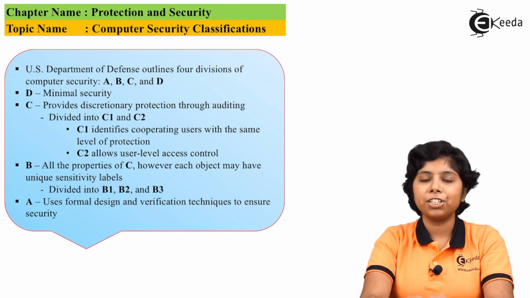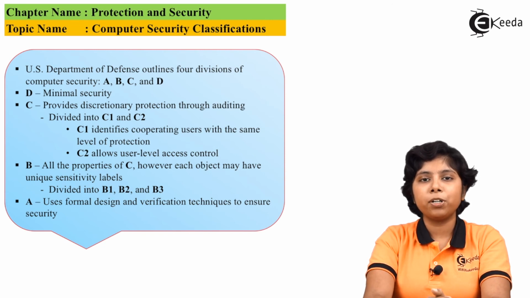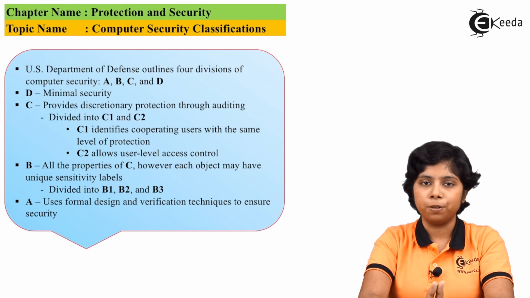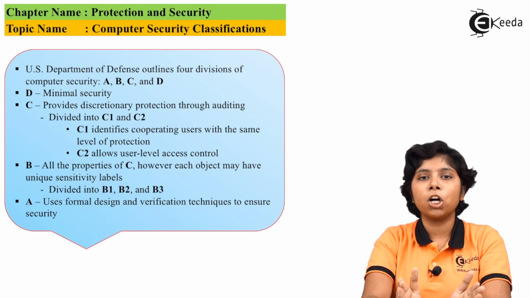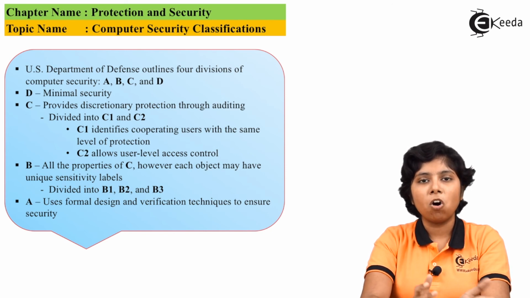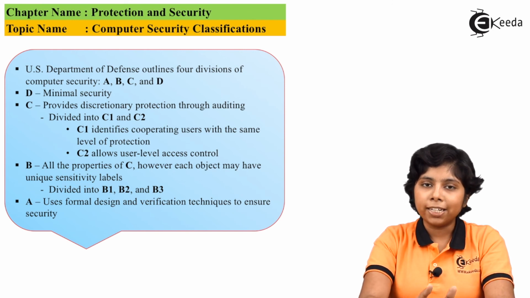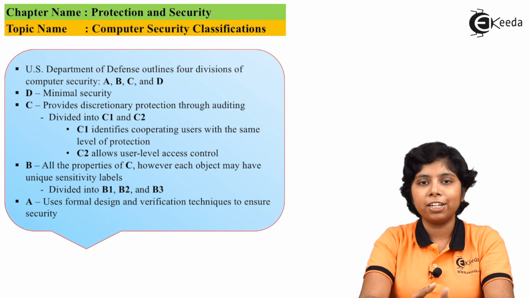This user authentication list is then matched against the user's data put into the input field, and if it matches, then the authentication access is given to the user. So in this way, computer security is classified into 4 levels: A, B, C, D. So that is all for the classification of the security levels.